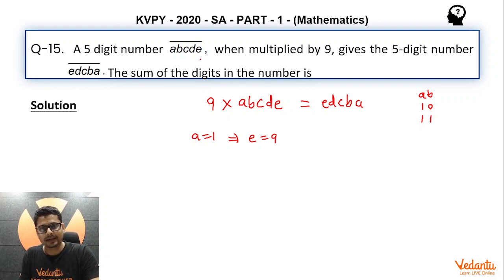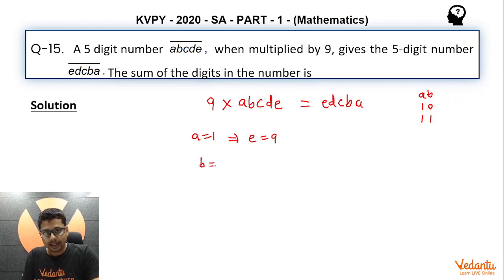I recollect maybe I told A, B, C, D, E should be whole numbers. No, A, B, C, D, E all are digits from 0 to 9. Again, A can't be 0 because it is a 5-digit number, and similarly E also can't be 0. Now here A is 1, E becomes 9. Now we are left with finding B, C, D.